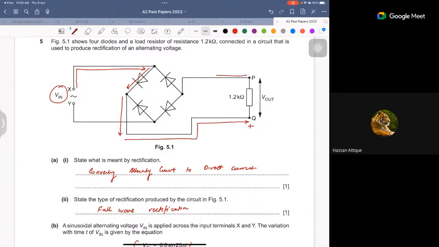Then it will come here, and it can't go here because of higher potential. It will go here, and then here. So this has to be positive, this has to be negative, like that. You have to put it here. Okay, is it clear?